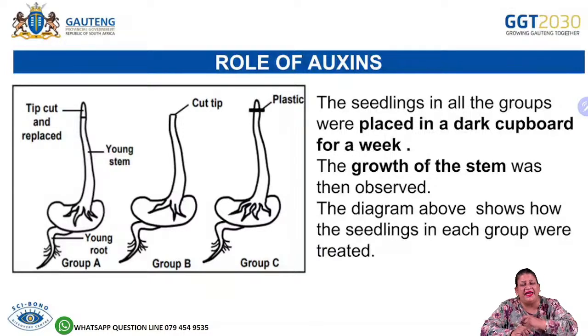So that becomes my independent variable. But what can't you control? What do you still need to measure? You need to measure the growth of the stem. If the stem grows, you know that auxin has its effect. If the stem did not grow, you know there was no effect. So what you can't control and you still need to determine becomes our dependent variable. So in this case, the effect of auxin is the independent variable and the stem growth is our dependent variable.